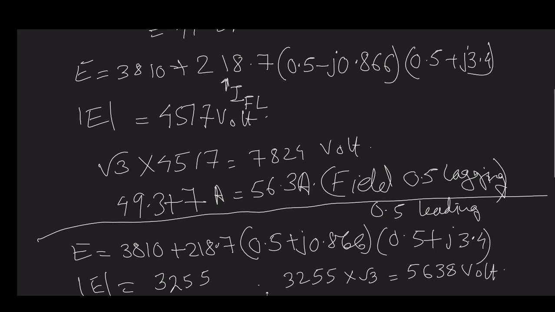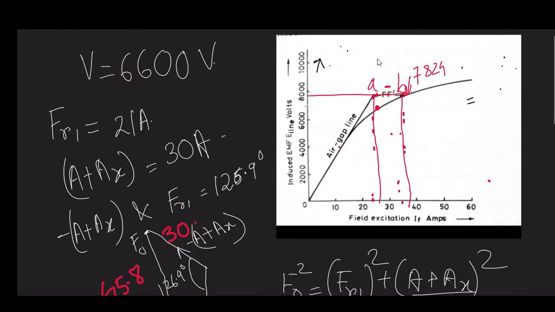Now for 5638 we have to check where we get 5638. So this will be our A, this will be our B. So as per the book, this gap is 0.7 ampere.